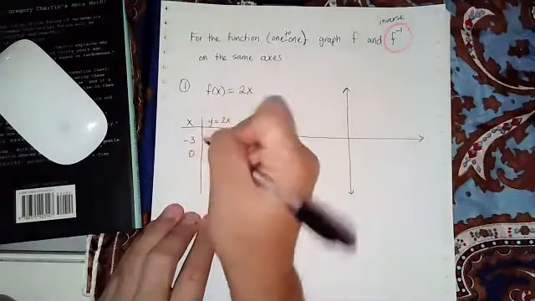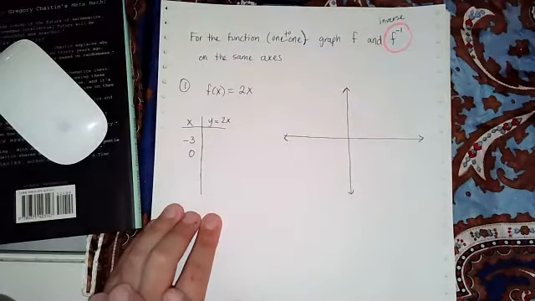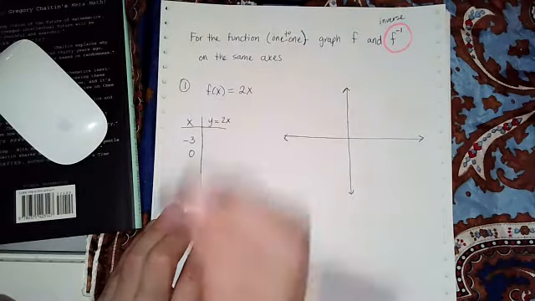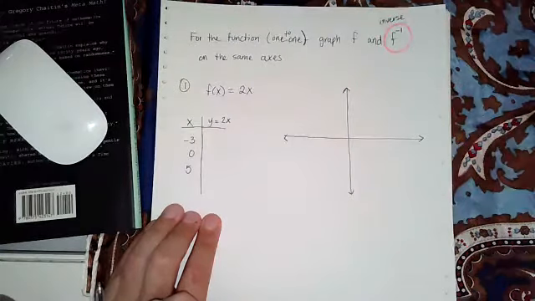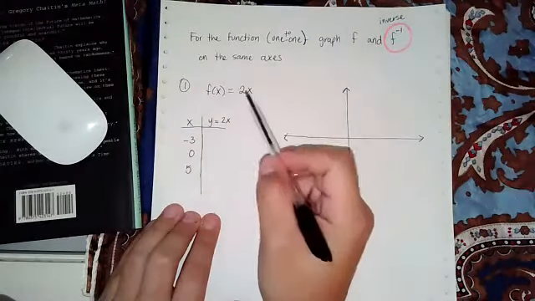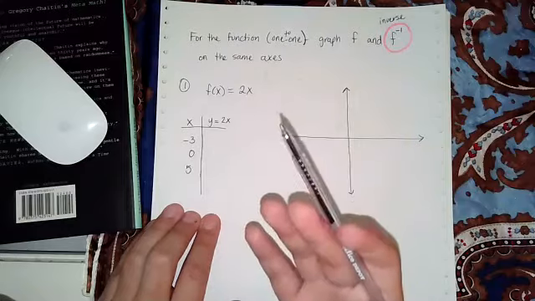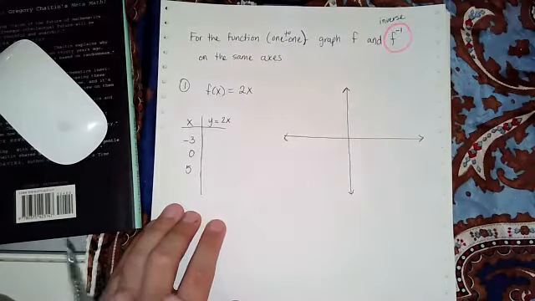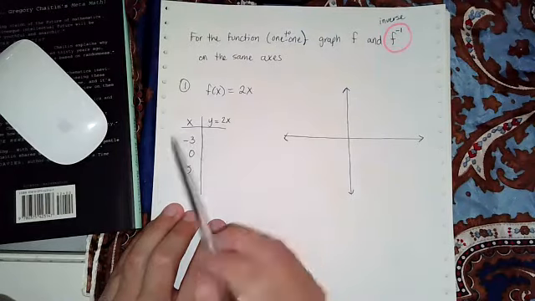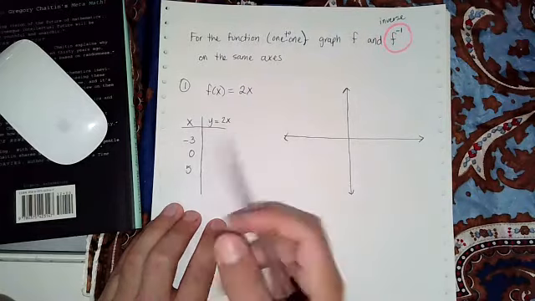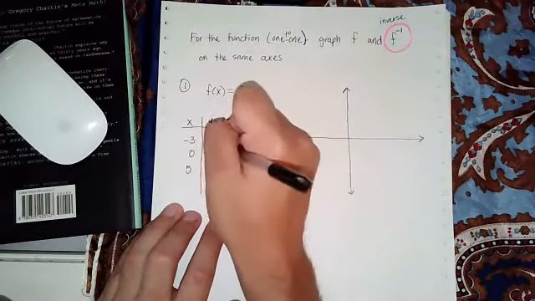I like to go with 0. Somebody want to give me a positive number to throw in here? 5. Yeah. Okay. And that'll be sufficient because I know that this is a linear function. So in reality, I just needed two inputs to get the entire graph. So if I throw -3 into the doubling function, we should get as an output -6.